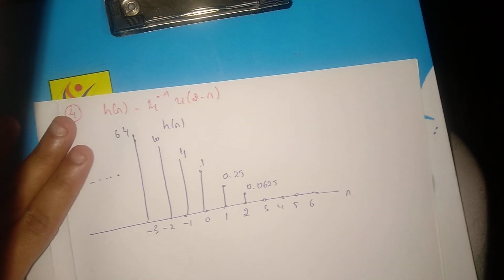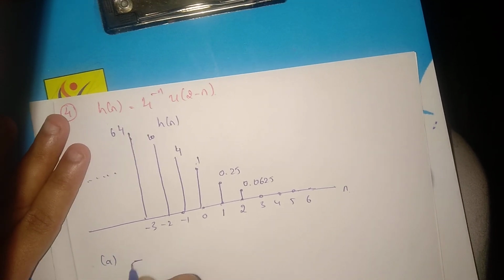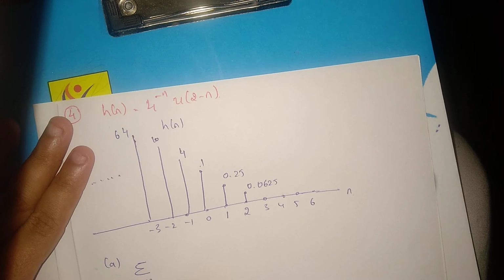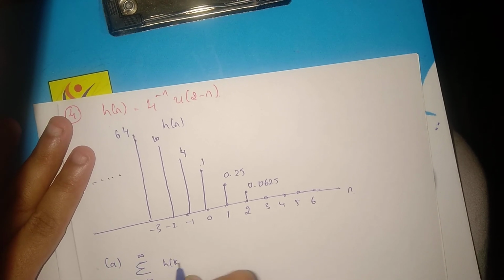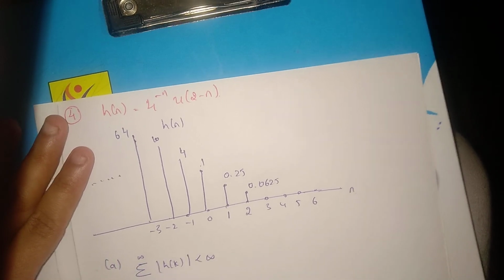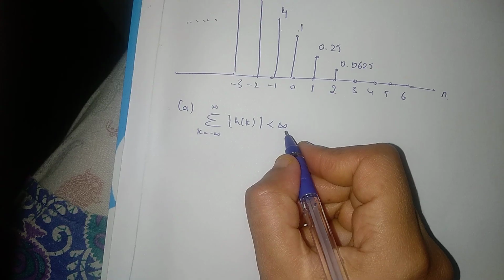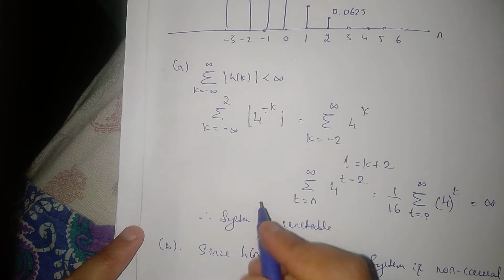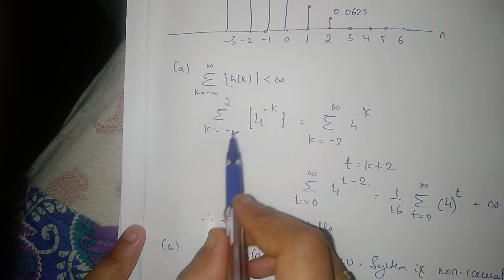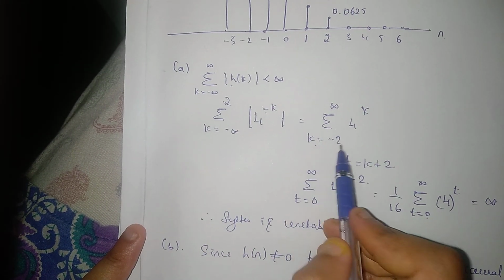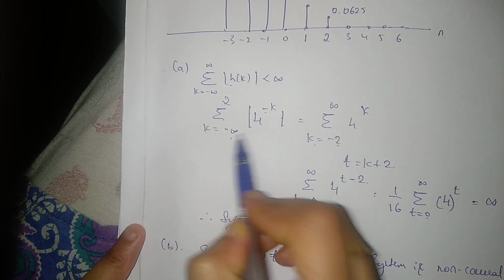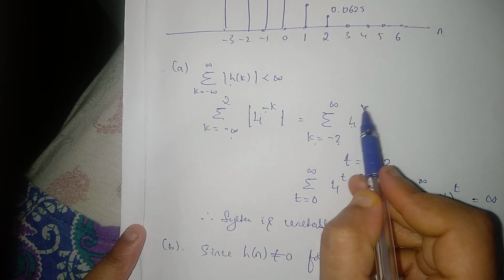So to check the system is stable, we need to check for k is equal to minus infinity to infinity, h of k should be less than infinity, right? But here I am taking limits from minus infinity to 2. So if we need to interchange the limits, this minus will eliminate. So 4 to the power of k.